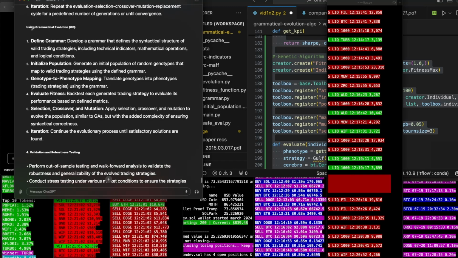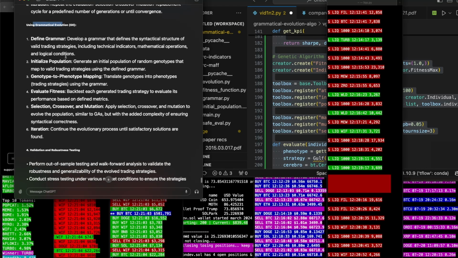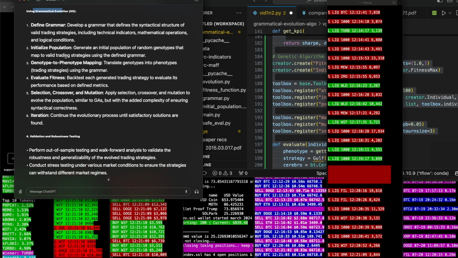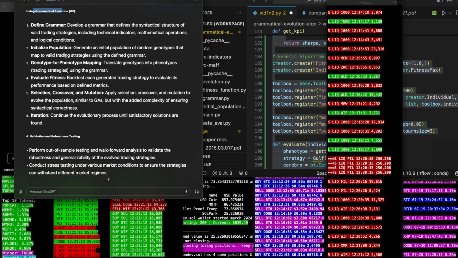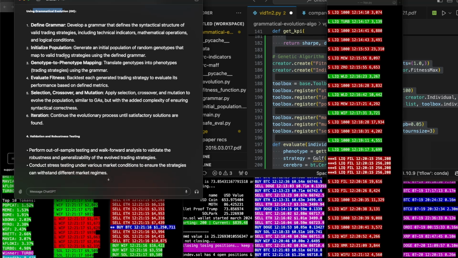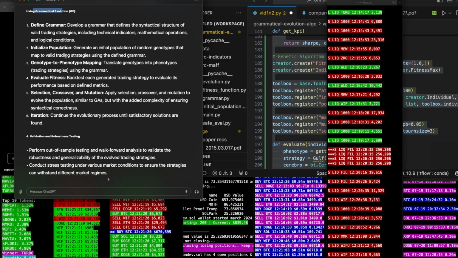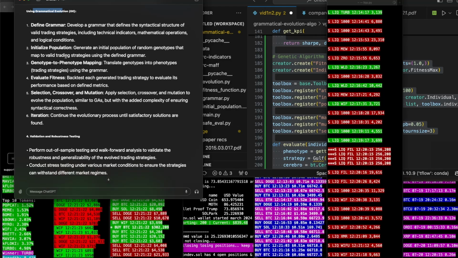So using grammatical evolution, define grammar. Develop a grammar that defines the syntactical structure of valid trading strategies, including technical indicators, mathematical operations, and logical conditions. Initialize population. Generate an initial population of random genotypes that map to valid trading strategies using the defined grammar.